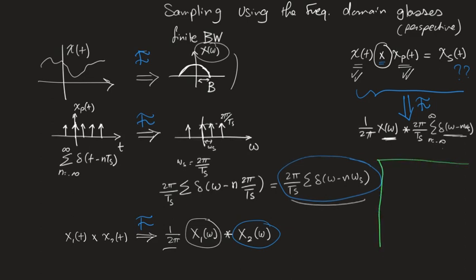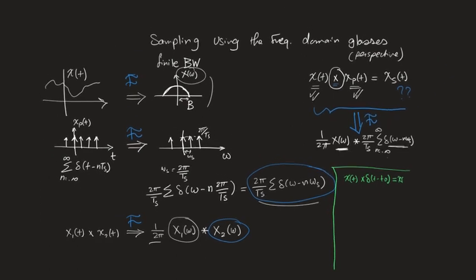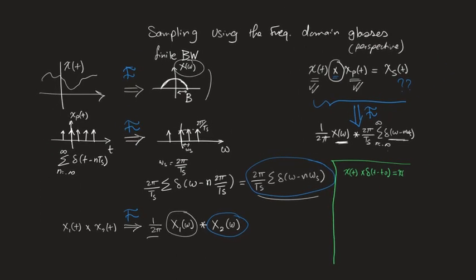The properties of the delta function. There were 3 of them related to how a delta function interacts with any signal. If I have x of t multiplied by a delta at t minus t naught, the output is going to be x at t naught, still multiplied by the delta of t minus t naught.